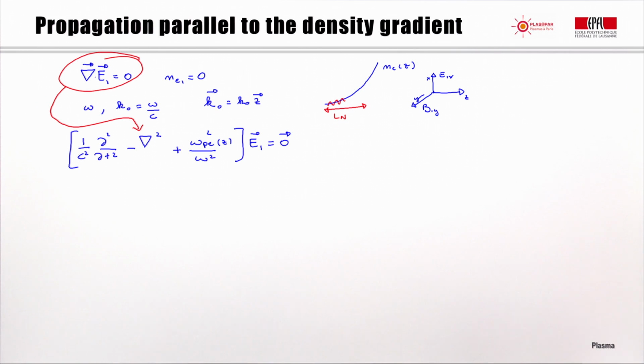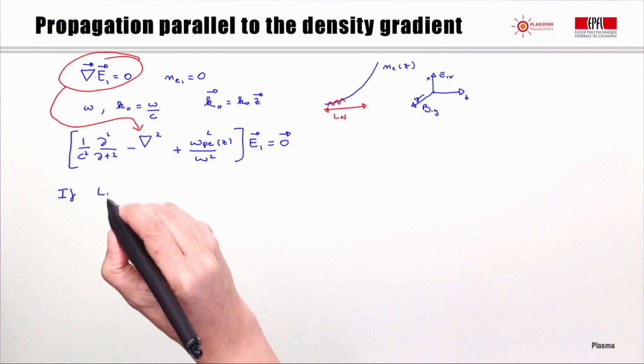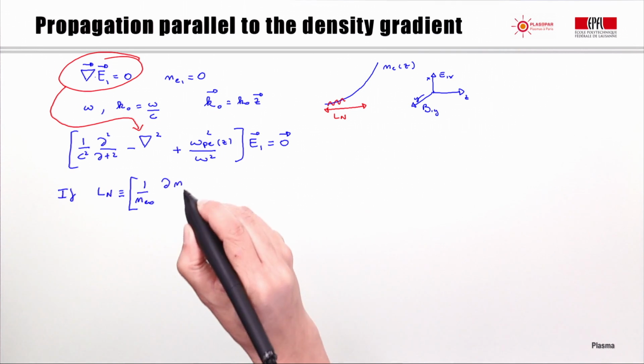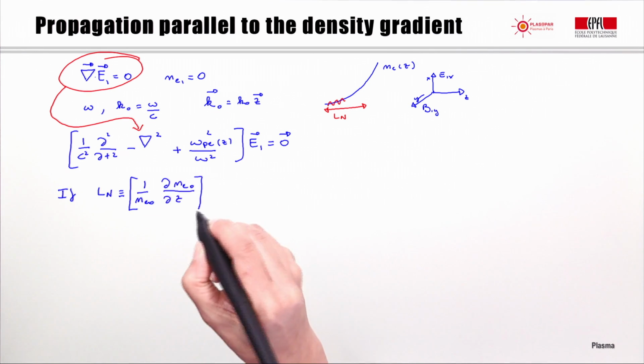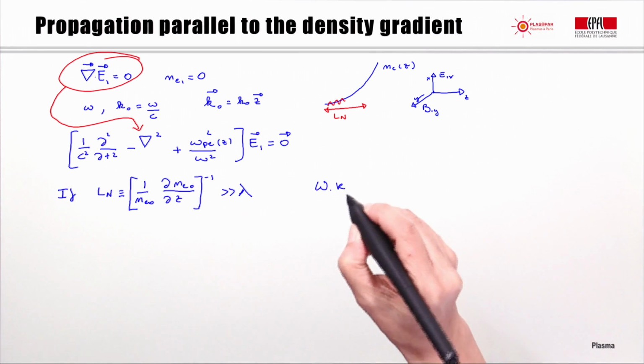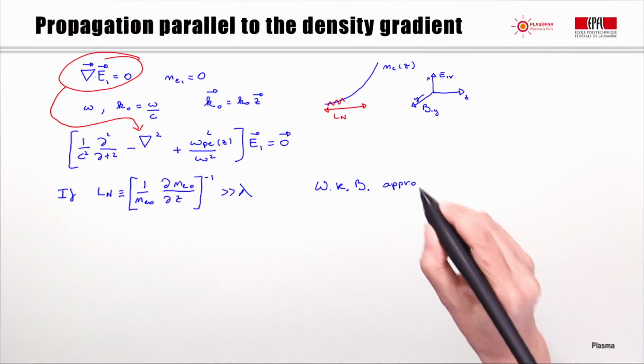When this is the case, we can find solutions easily for our problem. So this is the definition of the typical length of evolution of the density. And if this is very big with respect to the wavelength, we are in the so-called WKB approximation.